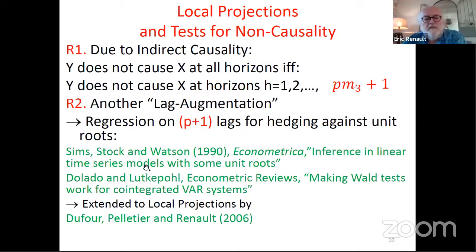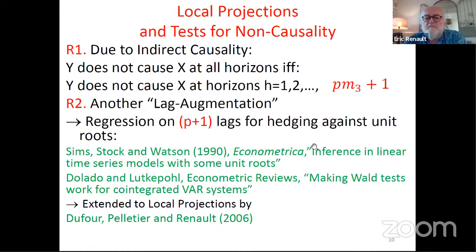There was a seminal paper by Sims, Stock and Watson saying that if you want to get rid of unit roots with simple procedures, just add some useless lags. Even if you are convinced that your process is Markov of order p, put p plus 1 lags. And there will be a kind of miracle: the additional lag, I'm going to explain why in a minute, is going to protect you against non-stationarity.